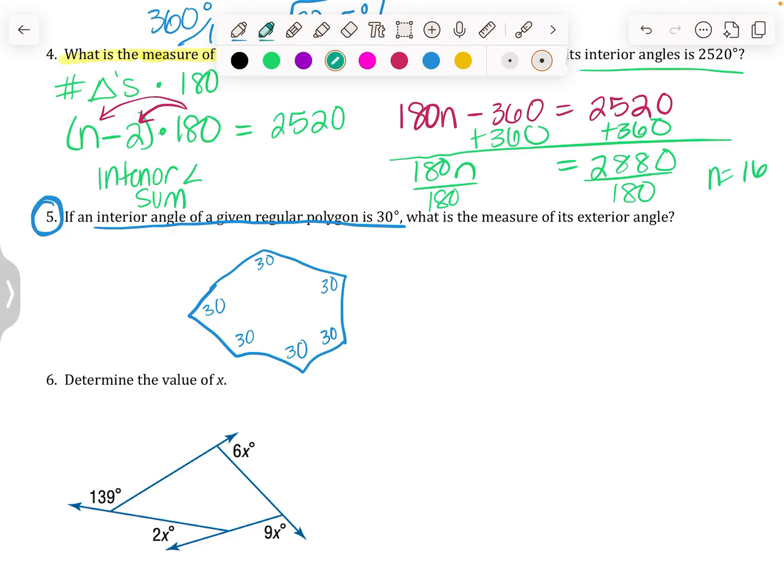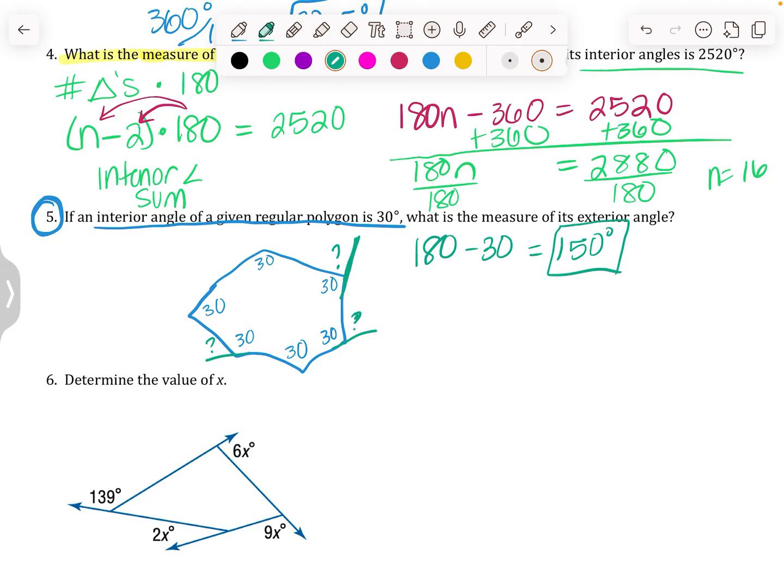But if it was 30 degrees, the exterior angle forms a linear pair with the interior angle, so 180 minus 30 would be 150 degrees. So that's the answer for that one. Overthought it a little bit. I apologize. I might go back and re-record.